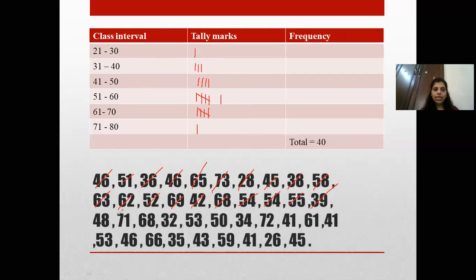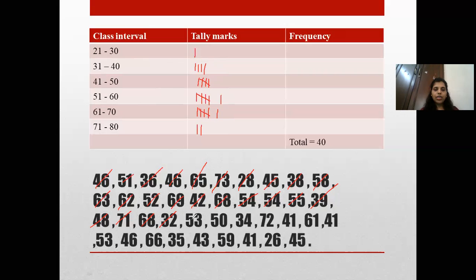Then 48, 48 will be 41 to 50. 4 lines completed, strike off. 71, 71 to 80, you'll put one line. 68, it will be 61 to 70. So 1 line over here. And strike off. 32, strike off. It will be here, 31 to 40.